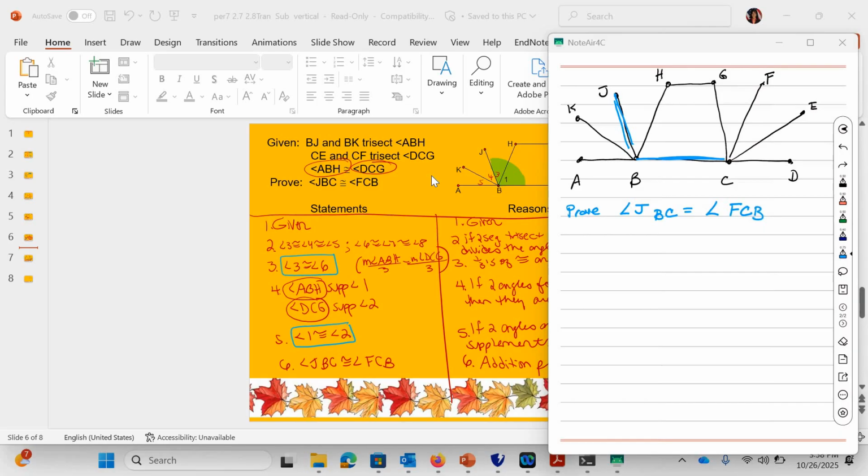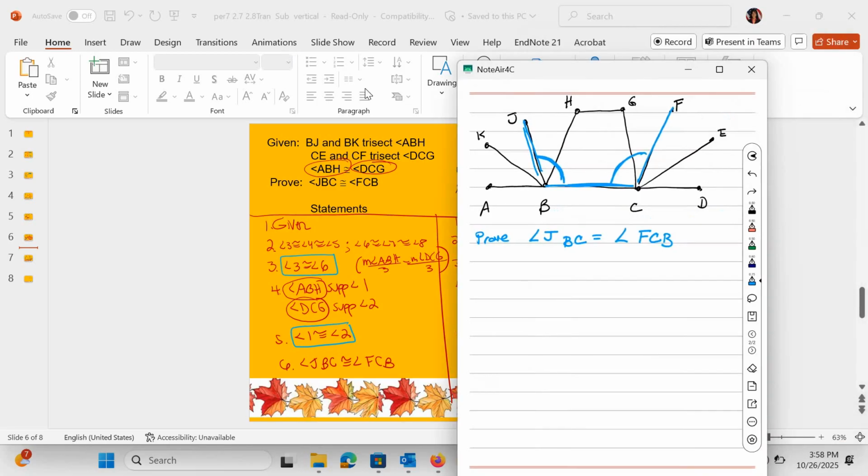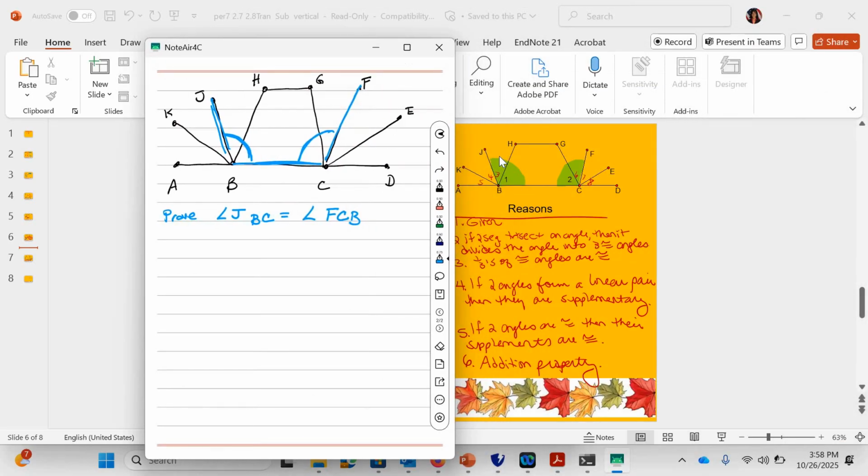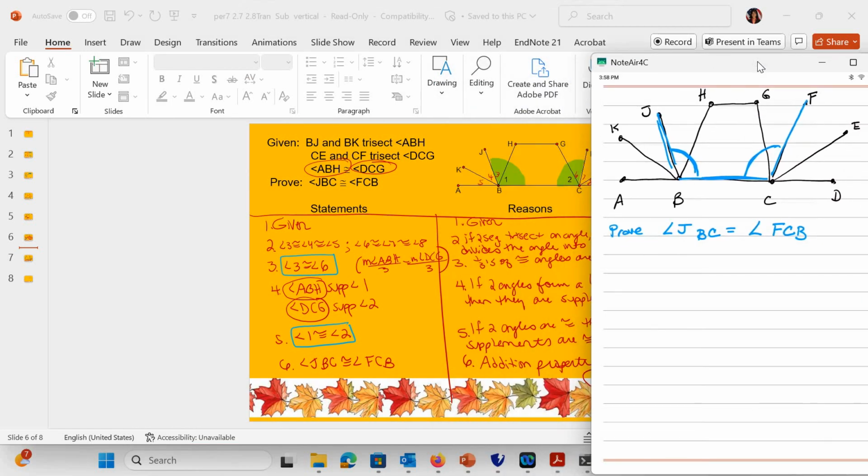That's this angle right here. You're trying to prove this angle over here is equal to this angle over here. That's what's shaded here. You're trying to show that these two angles are the same. That's your goal.